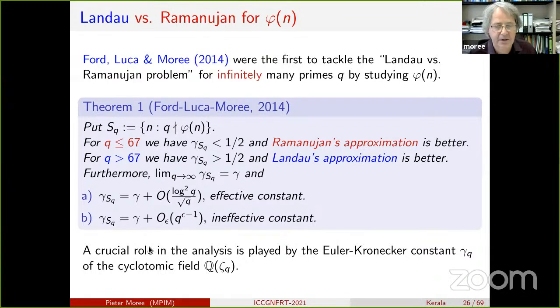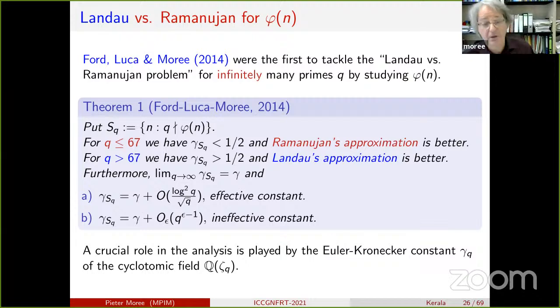And the reason for this is that if this q becomes large, this set starts to approximate the set of all natural numbers. And therefore you can expect that the Euler-Kronecker constant starts to approximate the original Euler constant. So this is what you see in this result, that it approximates the Euler constant eventually.